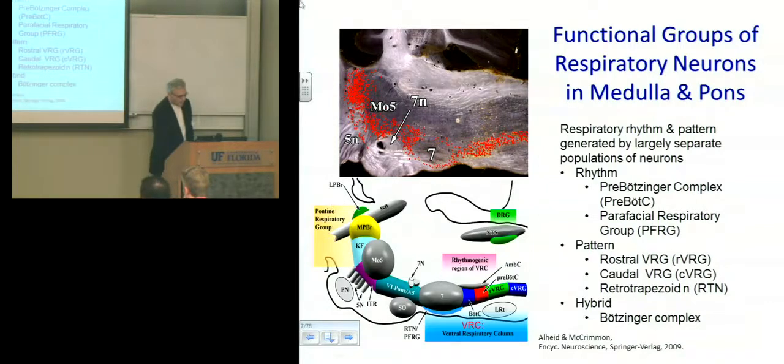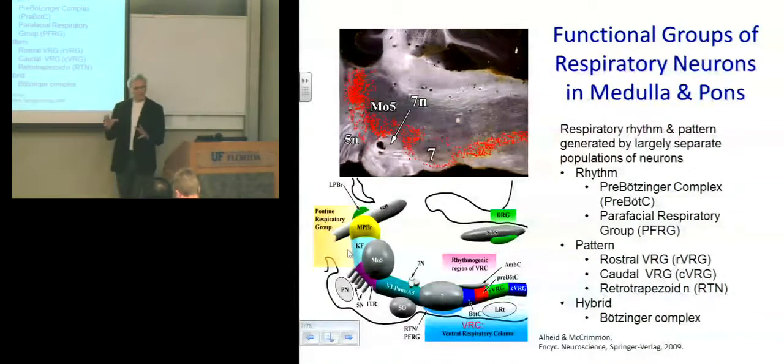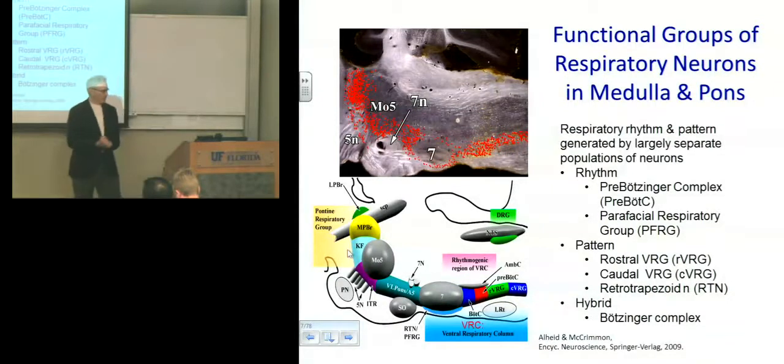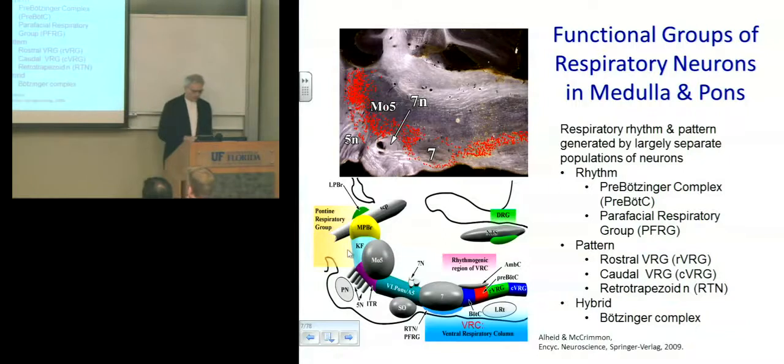And then the pontine respiratory group has largely been ascribed in the literature to the Kölliker-Fuse nucleus, which is just at the ventral aspect of the brachium conjunctivum, that's the superior cerebellar peduncle. And the medial parabrachial nucleus is also usually ascribed to having a respiratory function.